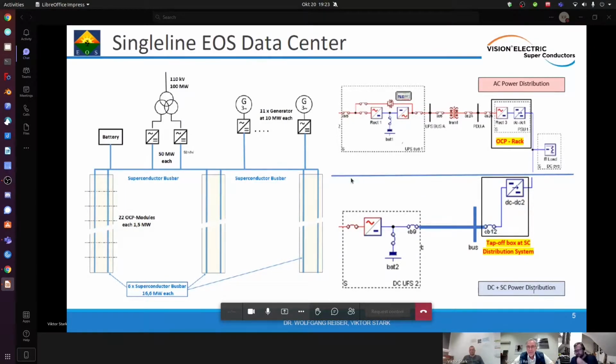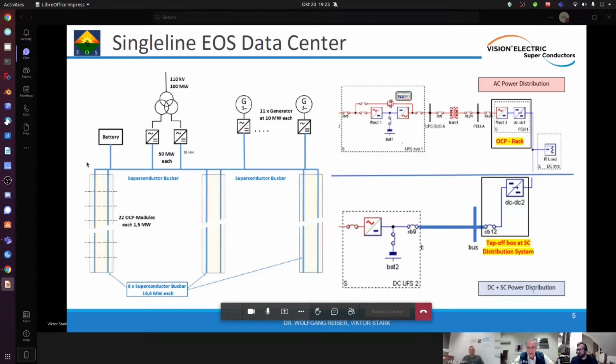Okay. This is the consequent concept we developed out of the ideas of Intel 15 years ago and of the experiences gathered in the last years. Looking to the left side of that slide, you see a single line diagram of a data center. The main part is that we have defined 22 OCP modules in one of those rows.